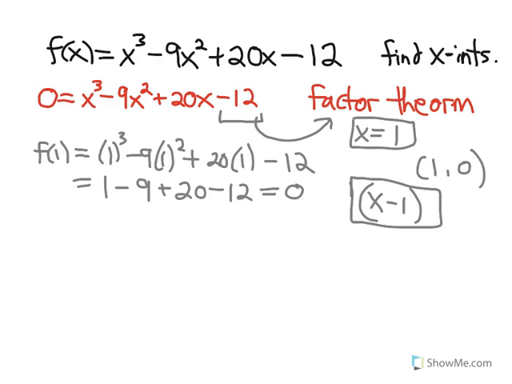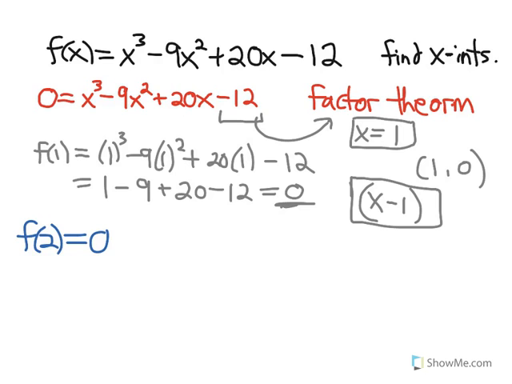Now, I know that looks somewhat simple, because the first one we tried actually worked. If that didn't come out as 0 when we plugged in 1, then you could move on to the next factor of 12. So just try 2, try 3, try 4, try 6, and finally try 12. So let's say x equals 1 didn't result in 0, and then we tried 2, and f of 2 equaled 0.